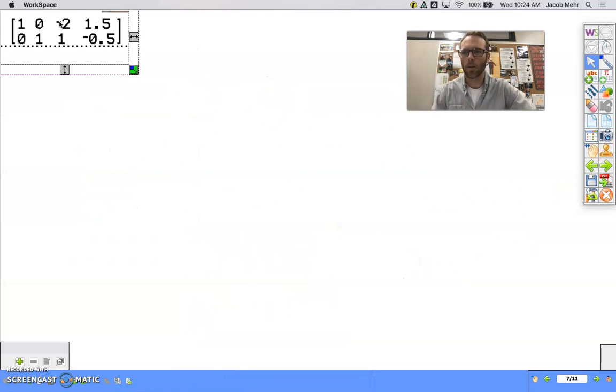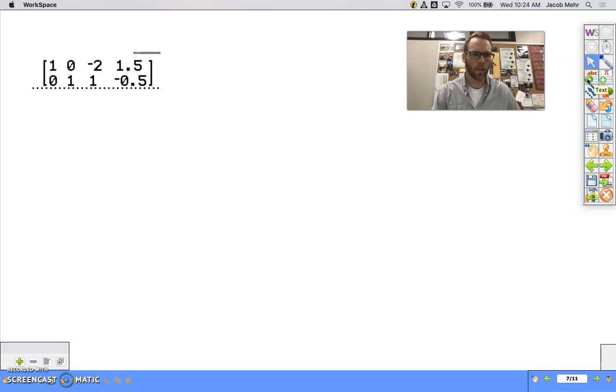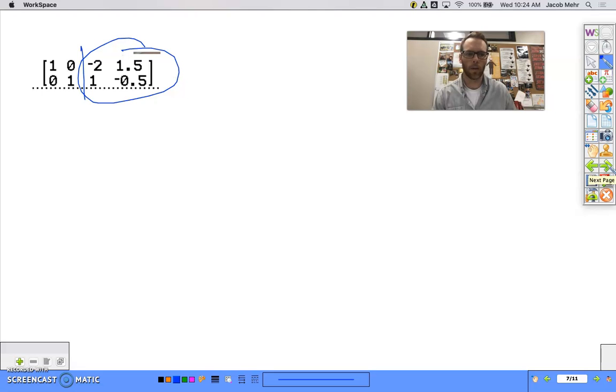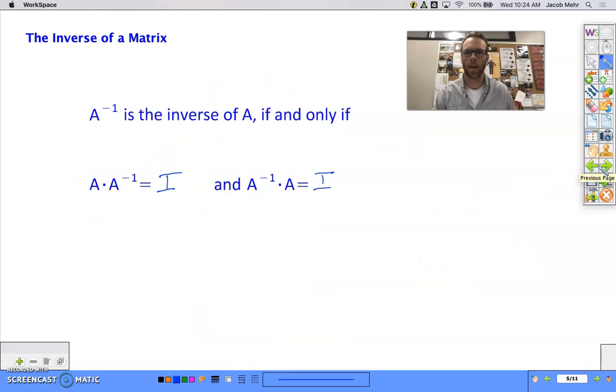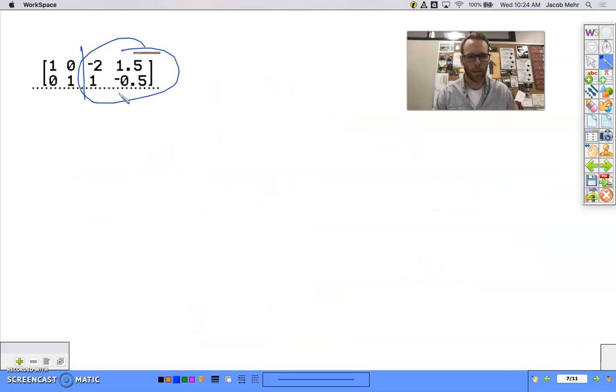And that should look familiar to you, right? Let's draw in our augmented line, put it in the right spot. And take a look at this. There's the identity. And on the right, isn't that what we got for our inverse? -2, 3/2, 1, -1/2? Yes, it is. So you can use your calculator for this as well.